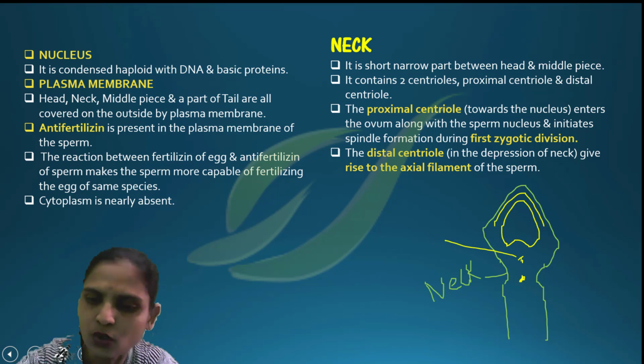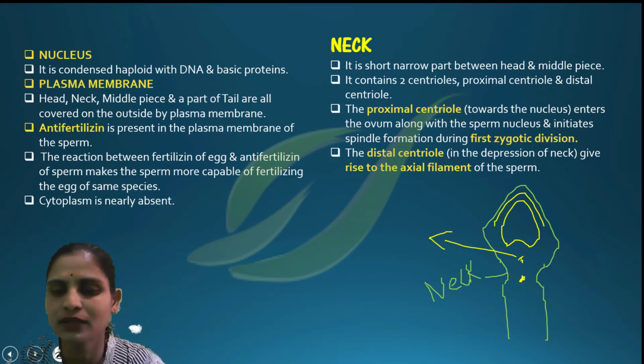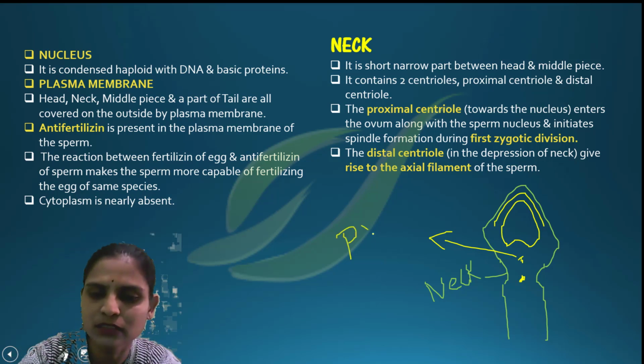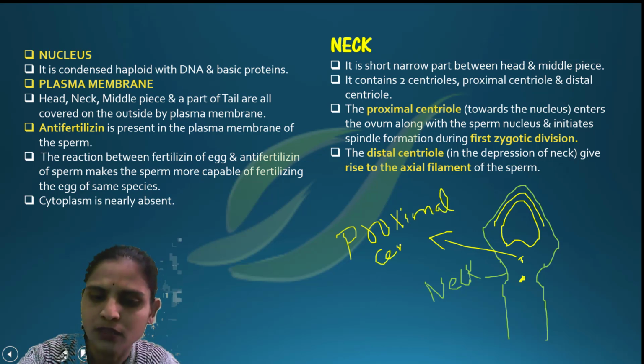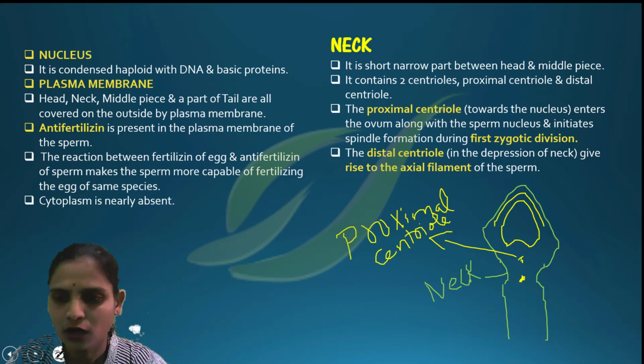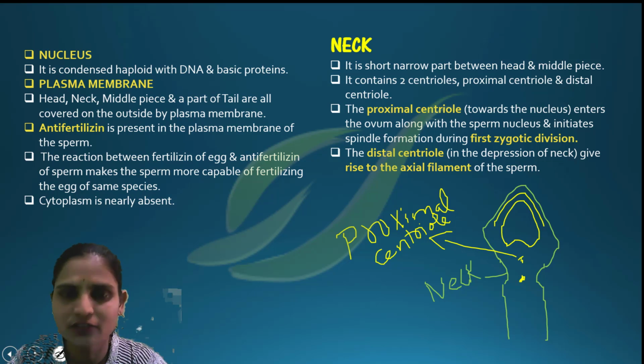The centriole present towards the nucleus is called the proximal centriole. This proximal centriole plays a very important role in the zygotic division.